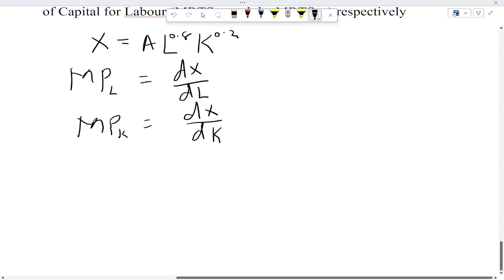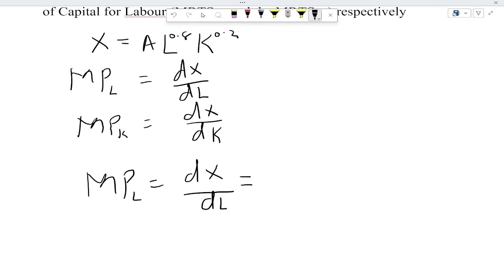When you differentiate the x with respect to L, what do you have from the equation? Since you are differentiating with respect to L, others will remain.